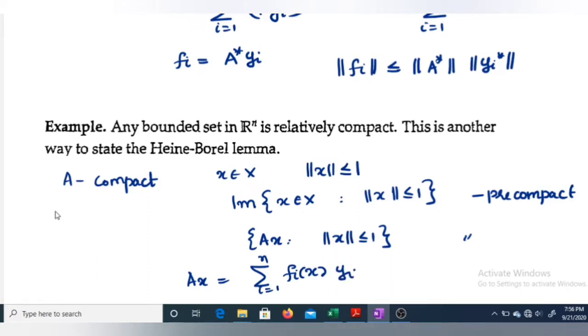So clearly this is a subspace of Rn, because the yi's are linear. Also it is a bounded set. Any bounded set in Rn is relatively compact. Therefore, the image set is relatively compact. This implies A is a pre-compact set.